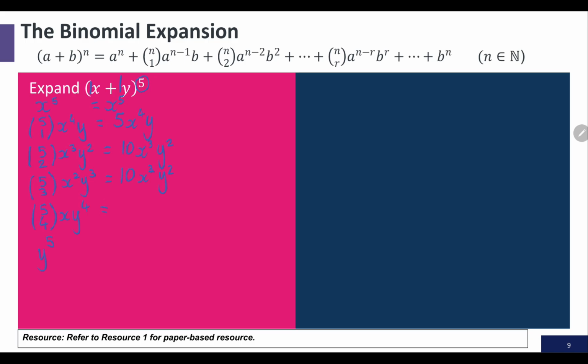And that should be a squared there. There we go, that's a cubed. And here, 5x y to the power of 4. And finally, y to the power of 5.